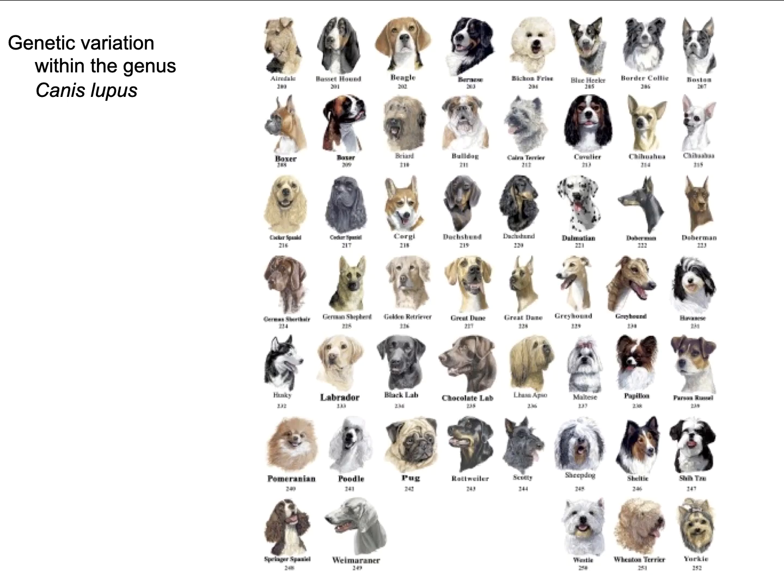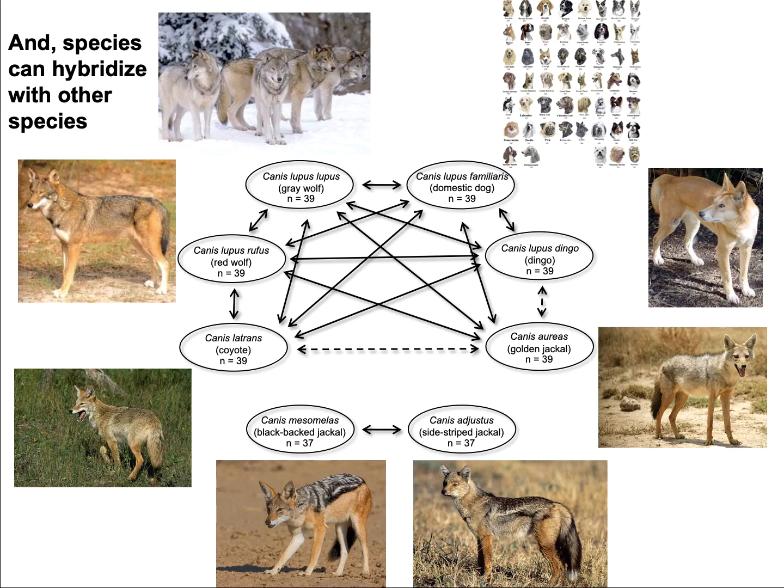And here you see in dogs also a lot of variation within the dogs, again, another mammal, and within each one of the other mammal species and genera, there's a lot of variation in each one of those. And even within each one of those supposed species, there are hybridization events that can occur as well.